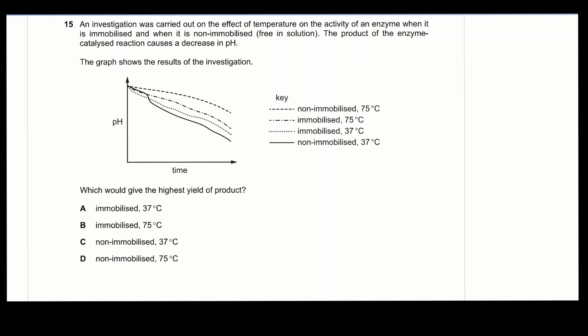The more efficient the enzyme and the faster it catalyzes the reaction, the more decrease in pH per unit time, which would give the highest yield of product. So what we're looking for here is the most decrease in pH per time. And here we can see this line, which represents the non-immobilized at 37 degrees. So the answer is going to be C.